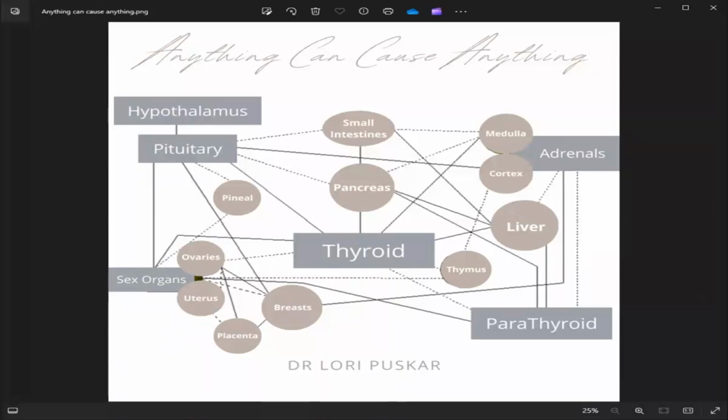Here are all the positive and negative interrelationships that you can't see that are going on biochemically, hormonally, and cellularly. So you can see a pituitary problem is a small intestine problem, and a small intestine problem is a pancreas problem, and a pancreas problem is a thyroid problem, and a thyroid problem is an ovary problem. So what we need to find out is where is the root cause of what's occurring.